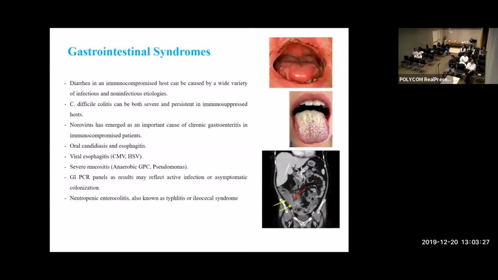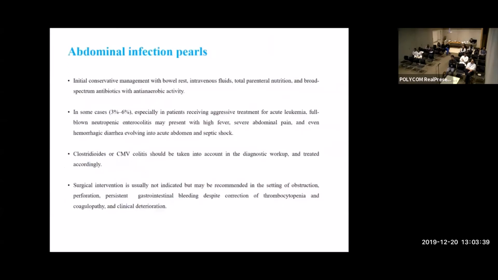Another common complication in neutropenic patients is typhlitis or neutropenic enterocolitis. It is basically an overgrowth of anaerobic bacteria in the colon, and that can present with very severe features, to the point that we may think this patient has an acute abdomen, and they can even have hemorrhagic manifestations from the typhlitis. So for all patients with suspected abdominal infections, obviously bowel rest, IV fluids.